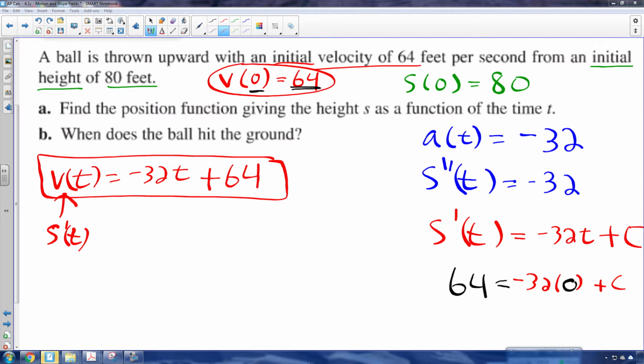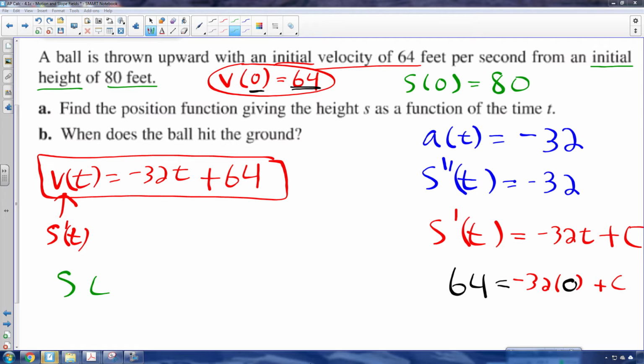So we now have the velocity. We still don't have the position. That's what they're looking for. So we have to take this to another level. The good news is now that we're repeating the process, it won't be that bad. We just need to antiderive this red box. So the velocity, when it's antiderived, becomes position.